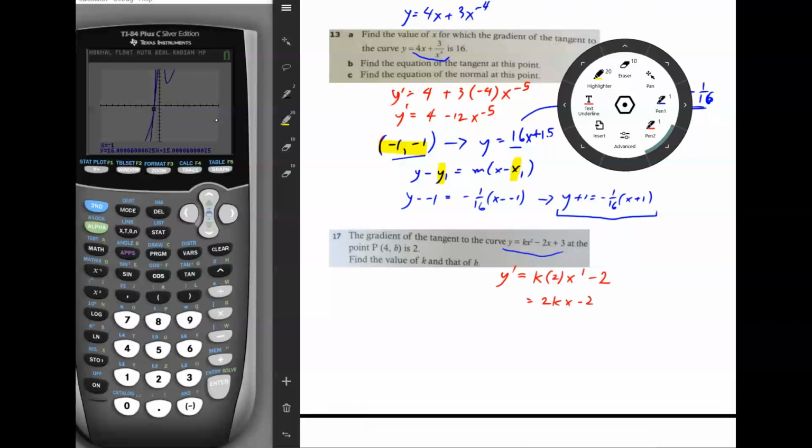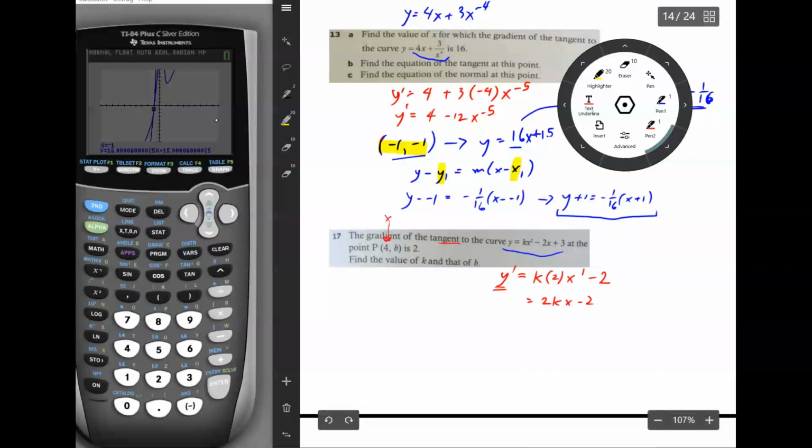Okay, let's see if that helps. Then it says the gradient of the tangent to the curve at the point 4, b is 2. So we know that this derivative is equal to 2, and we know it's 2 at, is that x or y? It's x, right?